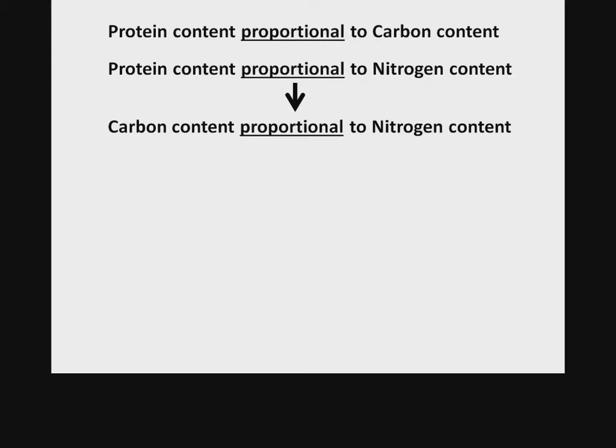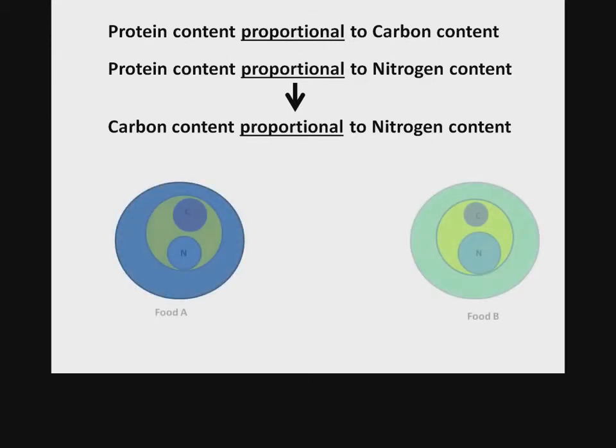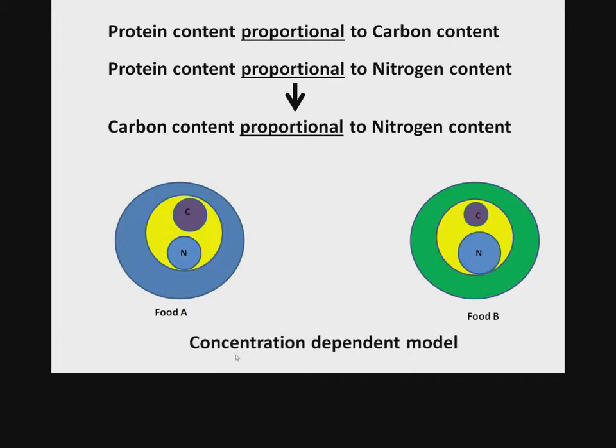Let's take the following example, in which we have two foods, food A and food B, and the carbon to nitrogen proportions vary among the two food groups. In this case, one would necessarily have to employ a concentration-dependent model. And if our question remains what is the contribution in terms of protein towards the consumer, then one would have to express these concentrations of carbon and nitrogen relative to the protein.